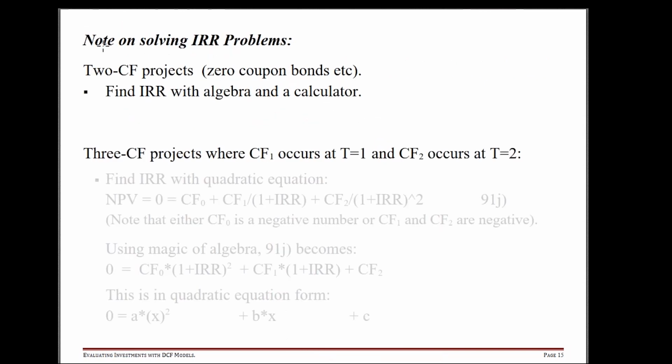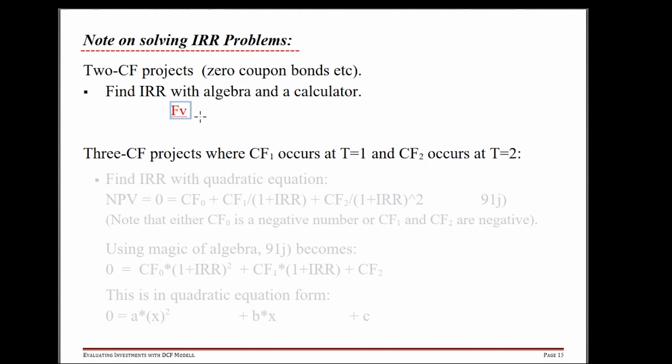Okay, so now in terms of you solving IRR problems in homeworks and on exams and things like that. For a 2 cash flow project, you can always find the IRR with algebra and a calculator.